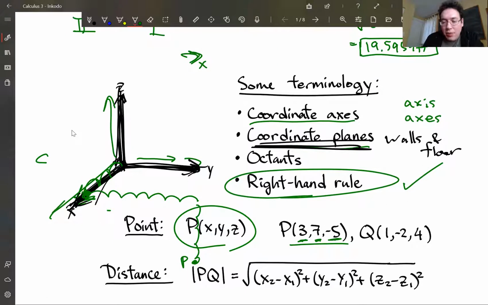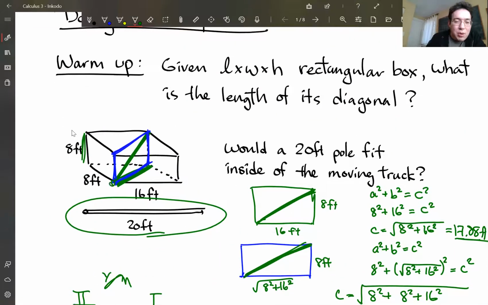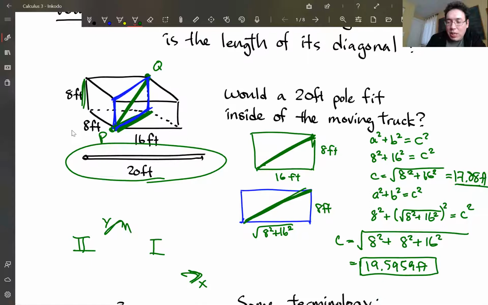And if we had another point and we want to measure the distance between 2 points in 3-dimensional space, that's like the warm-up problem that we've done. If you had a point P and a point Q, we could just compute what we just did.